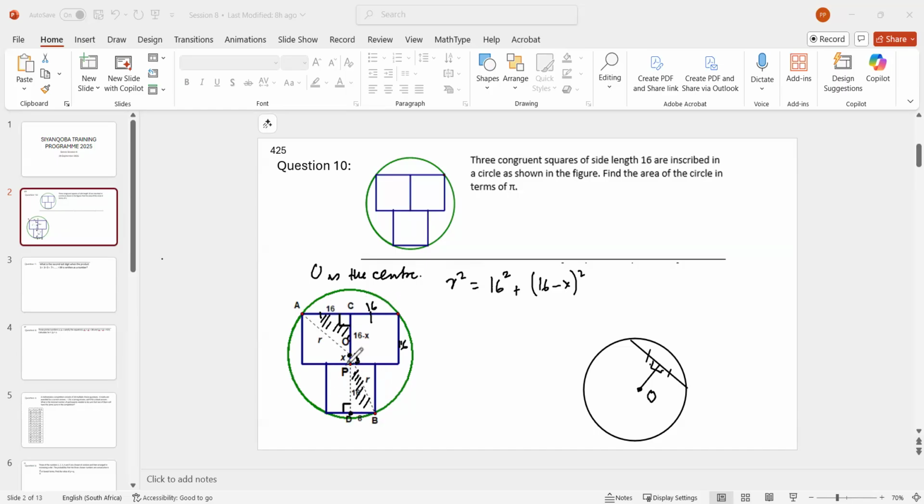So this line here is perpendicular, and because I joined it to the center of the circle, these two pieces are equal, since a line from the center of a circle perpendicular to a chord bisects it. So this whole length here is 16, so this part here must be 8. So one of the sides of this right angle triangle is 8, and the other side is 16 plus x because it's outside.